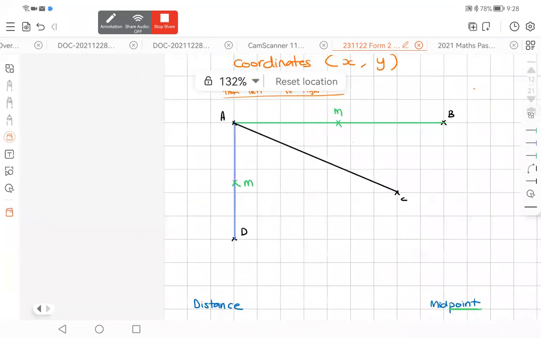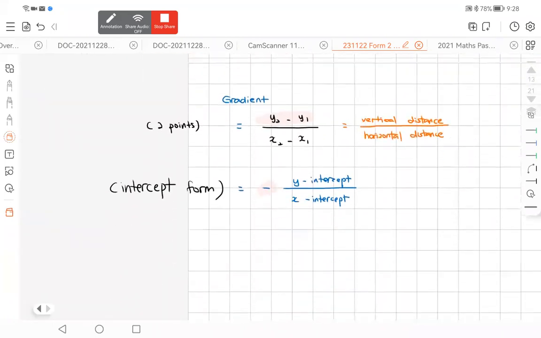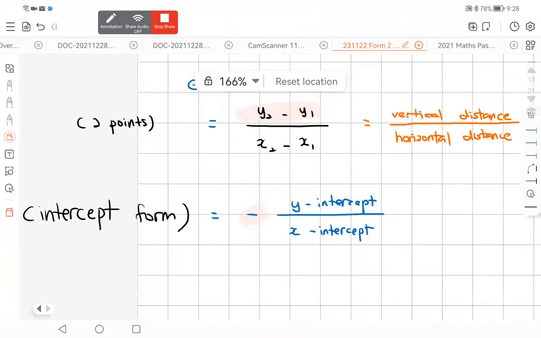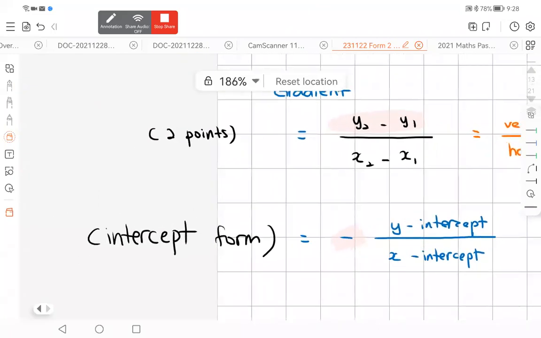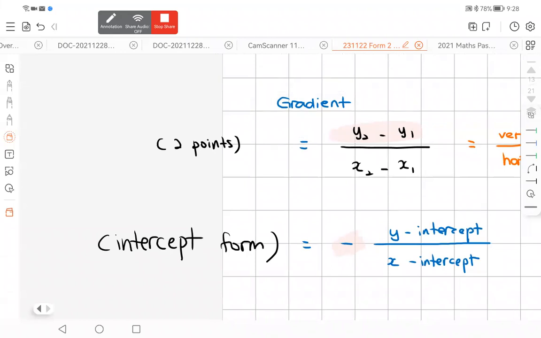So how to find the gradient? What is the formula? You only have two. Basically we only have two formulas. If you have 2 points, 2 coordinates, to find the gradient, it will be y2 minus y1 over x2 minus x1. And if you have the intercept form, you start with negative y-intercept over x-intercept.